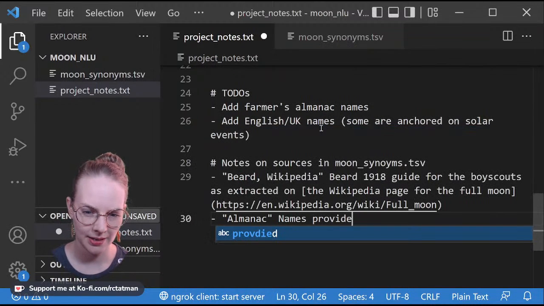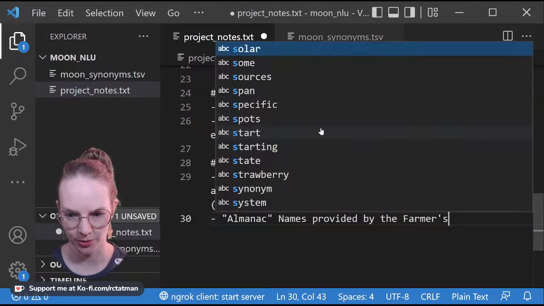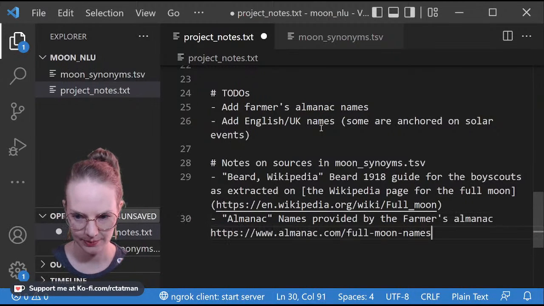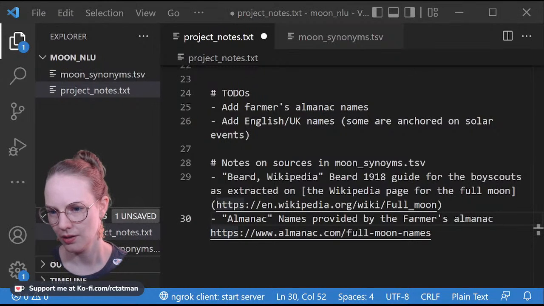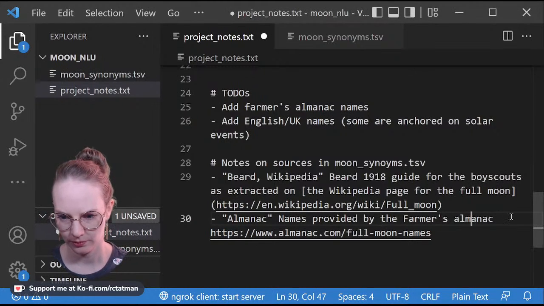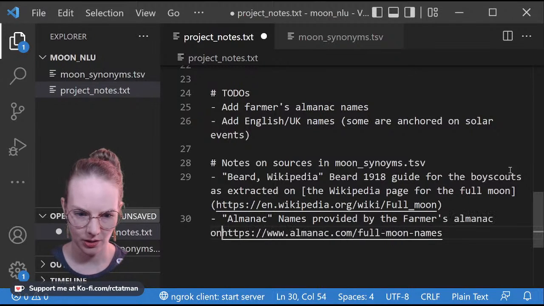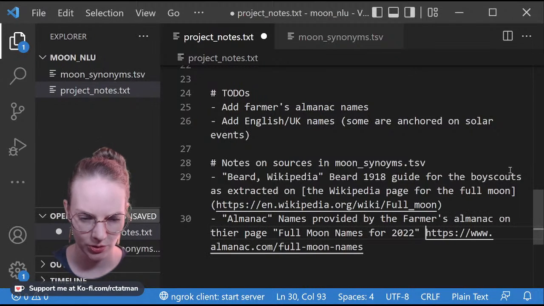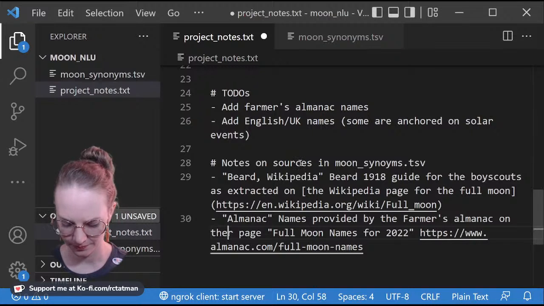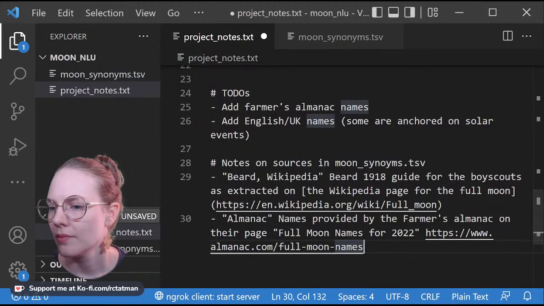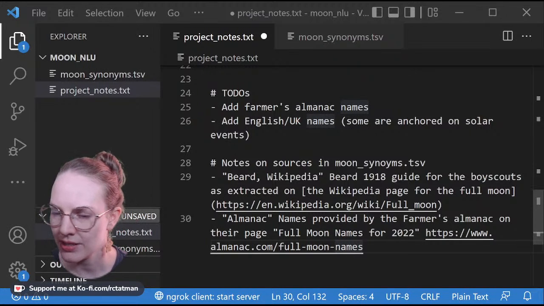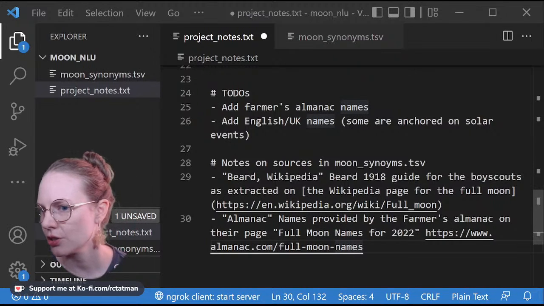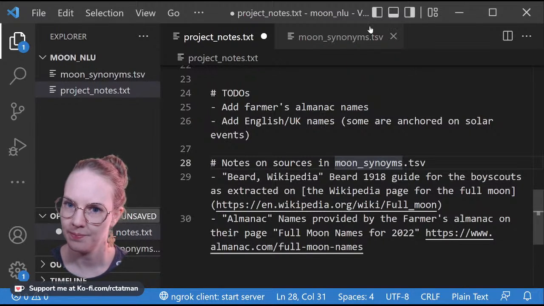Names provided by the Farmer's Almanac on their page. All right. Is that how you spell almanac? It looks wrong to me, but I guess it's right because I'm looking back and forth and it looks correct.